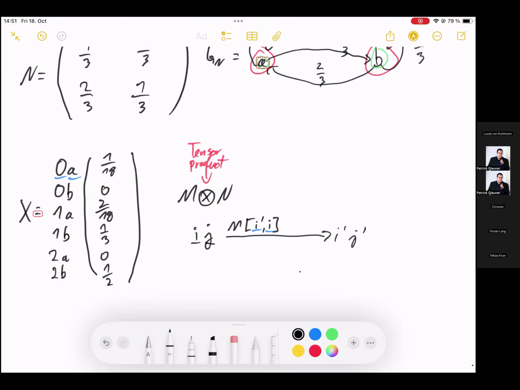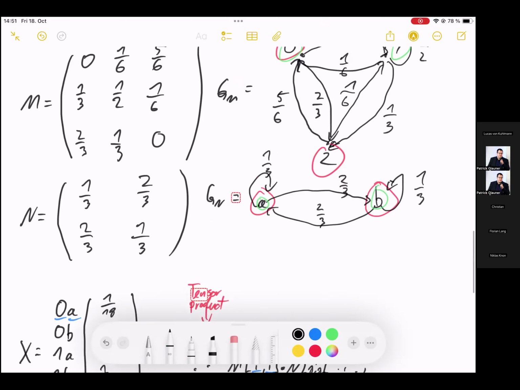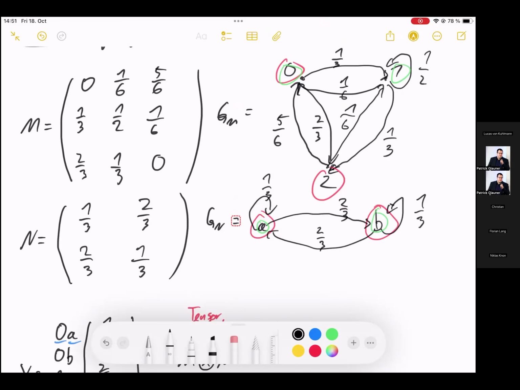And this is a probability, and we need to multiply this with N j prime j. Now we have all these probabilities, and we could just try to multiply them all in the right way to build a big transition matrix for this composite system.